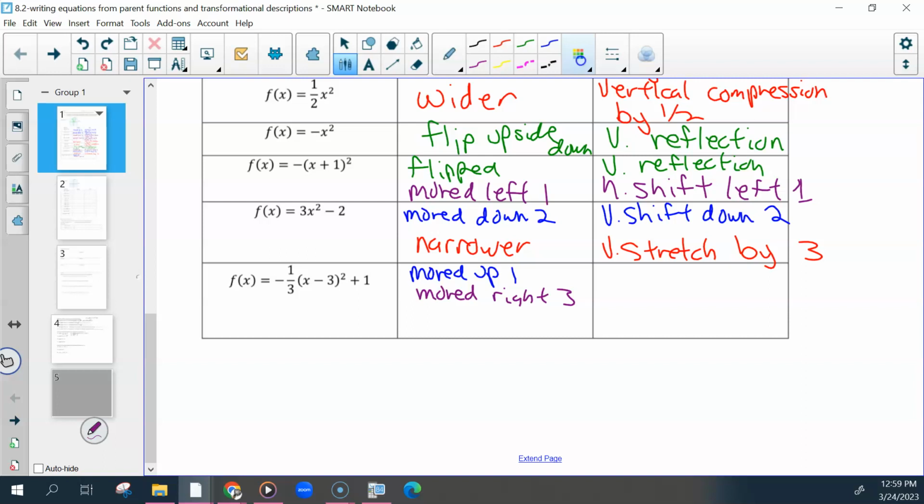Not narrower, it's going to flip. It is going to flip.